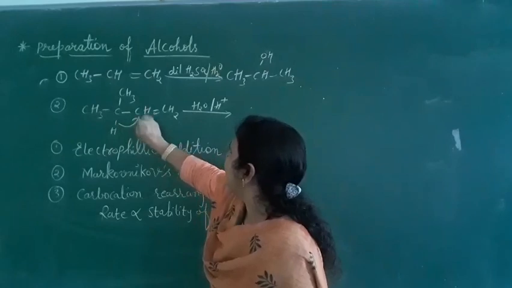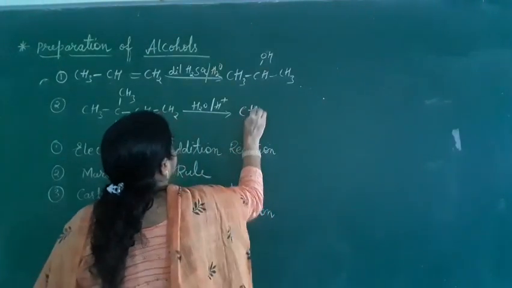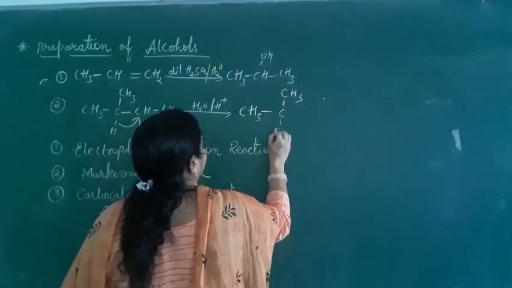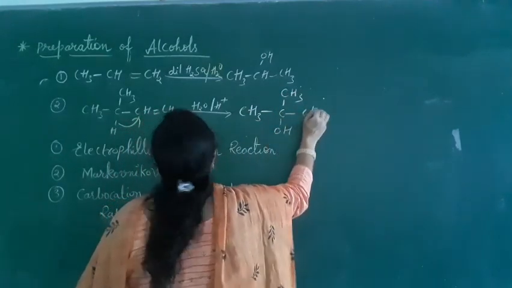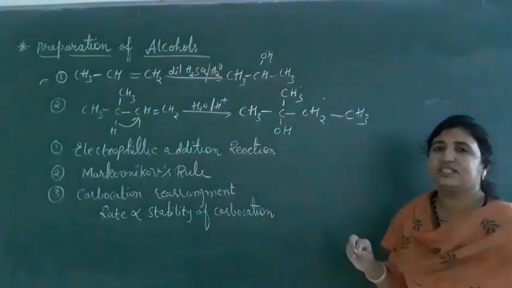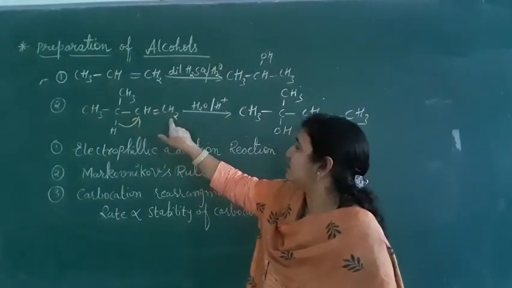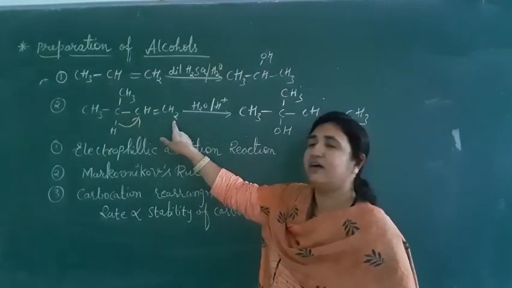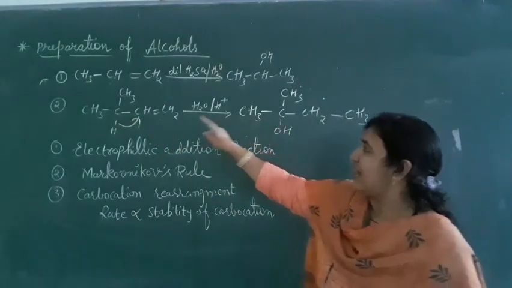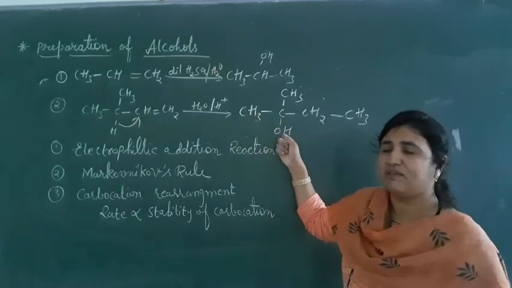So it changes into CH3, CH3 as it is, and here we will get OH and CH2 CH3. One hydrogen we have to shift onto this carbon, one more hydrogen will come here. So this is a hydride shift reaction. Based on this, this alcohol will form here.